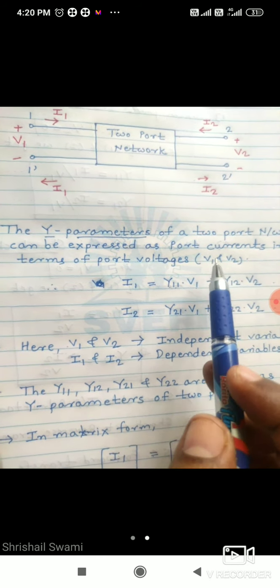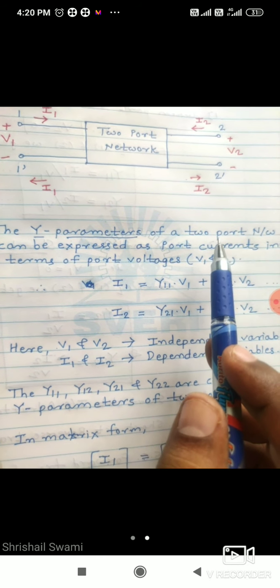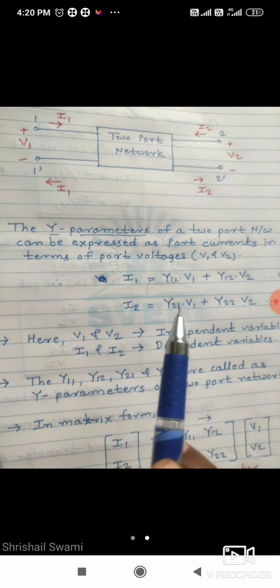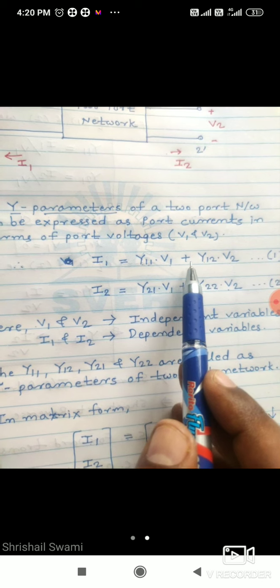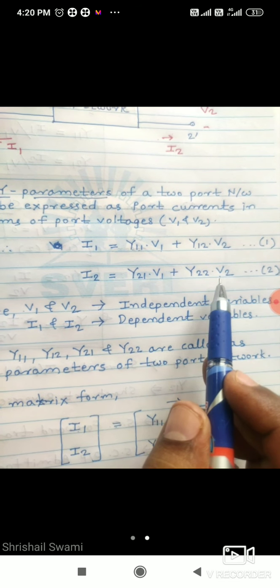So V1 and V2 act as independent variables and I1 and I2 act as dependent variables. So I1 is equal to Y11 into V1 plus Y12 into V2, equation 1. I2 is equal to Y21 into V1 plus Y22 into V2, equation number 2. The procedure for writing the equation is the same; only the position of the variables will change.